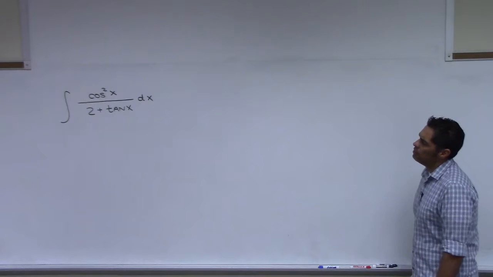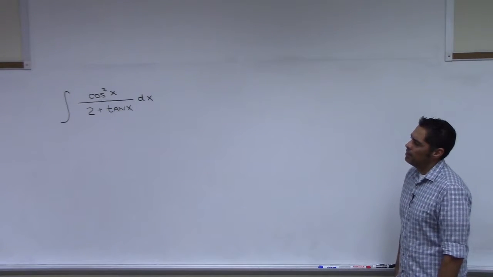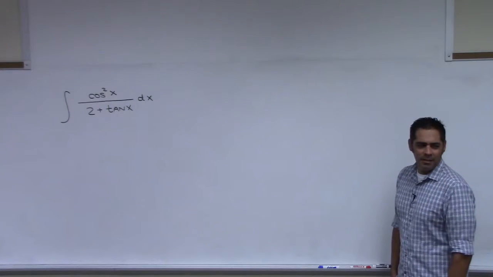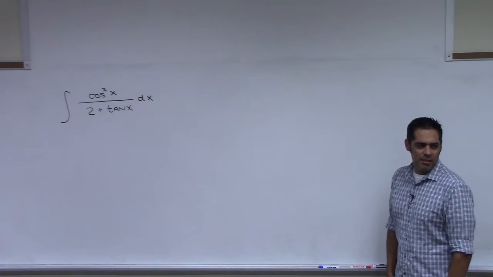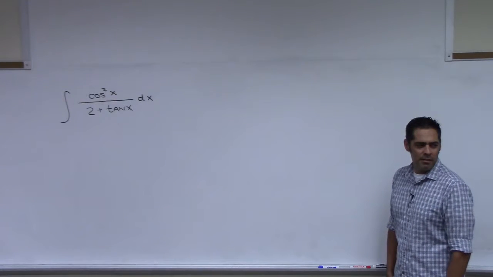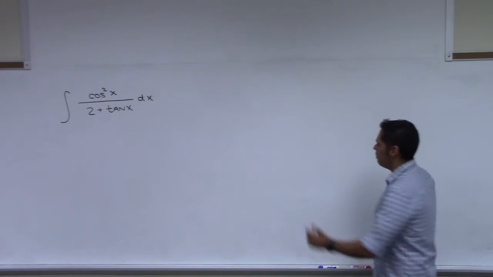Okay, so wait a minute. It sounds like you just took a swing with u being tangent. Is that right? The derivative of tangent is secant squared, and secant squared is 1 over cosine squared. So wait a minute, what's that relationship?